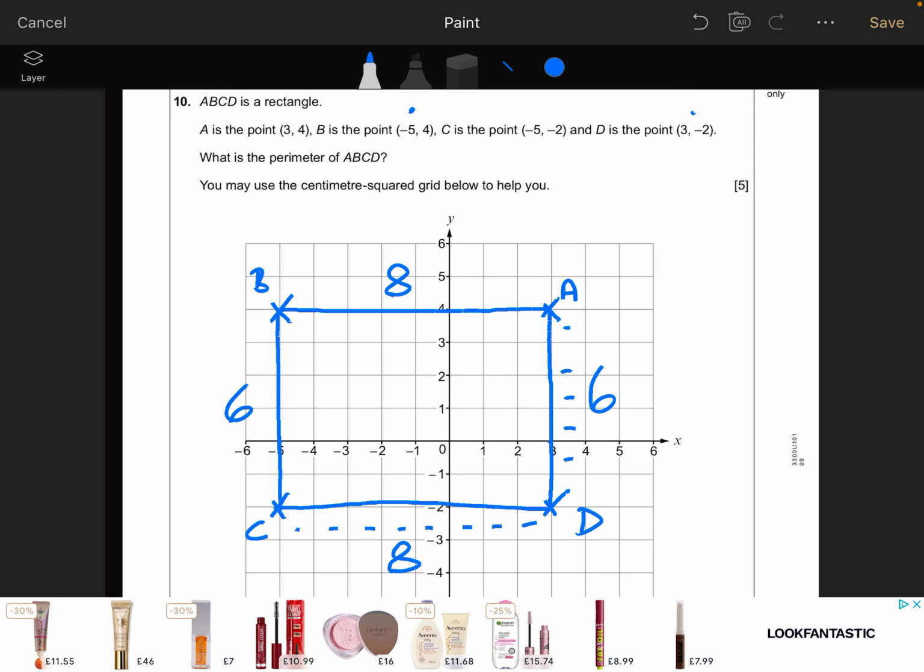So I'm going to have to add up 8 plus 6 plus 8 plus 6, and that will give me 8 plus 6 is 14, plus another 8 is 22, plus 6 is 28. And it's a distance, so it's centimetres because it says centimetre squared grid, and that's my answer. That's quite an easy 5 marks if you know how to plot coordinates.